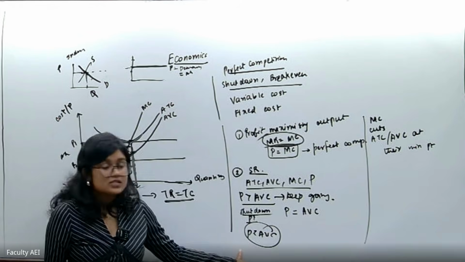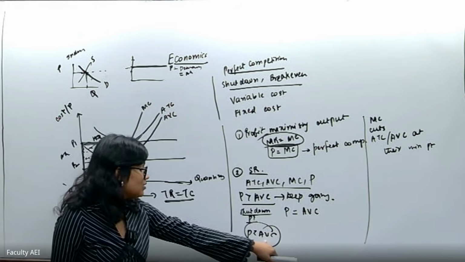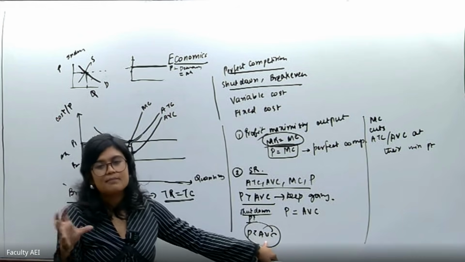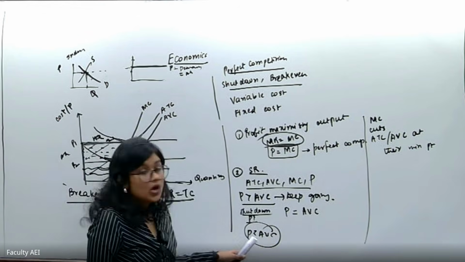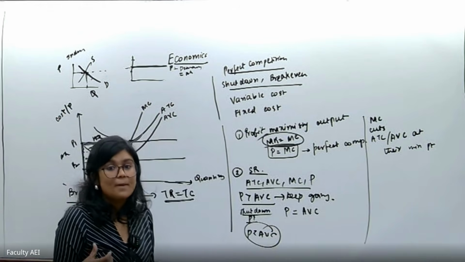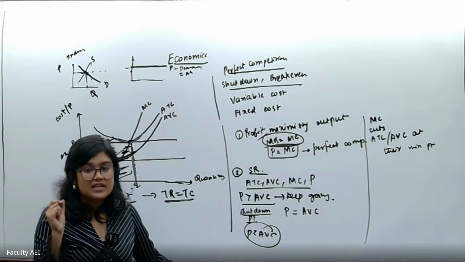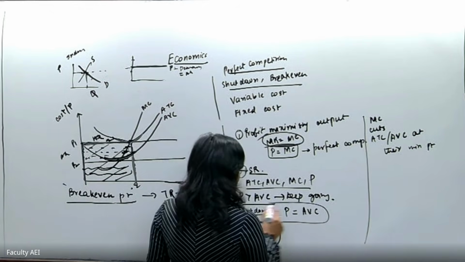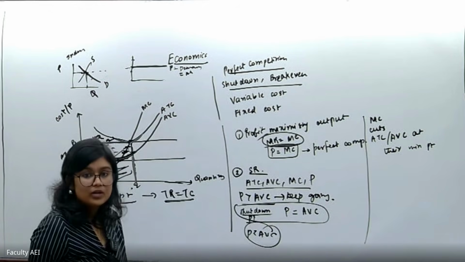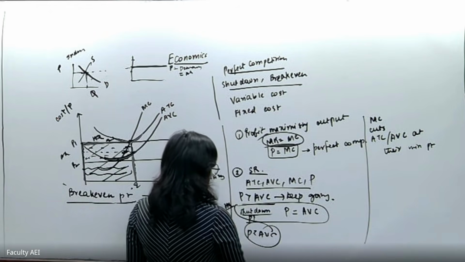So my loss becomes equal to average fixed cost plus average variable cost minus the price, whatever part of average variable cost the price is compensating. But still my loss is greater, because if I just stop producing, my loss is equal to average fixed cost, which is less than average fixed plus average variable minus price. So in the short run, I would shut down my firm at price equal to average variable cost. So the short run shutdown point is this.